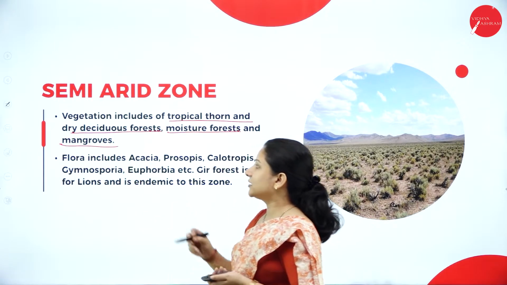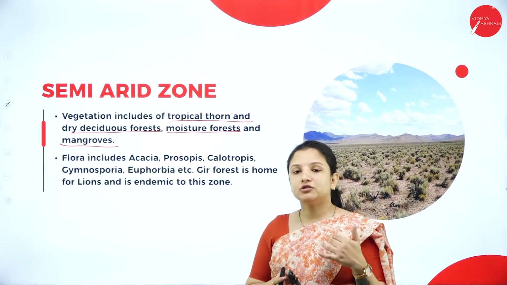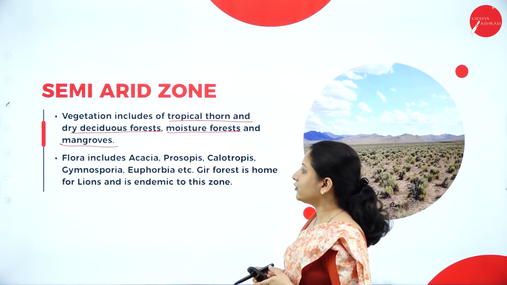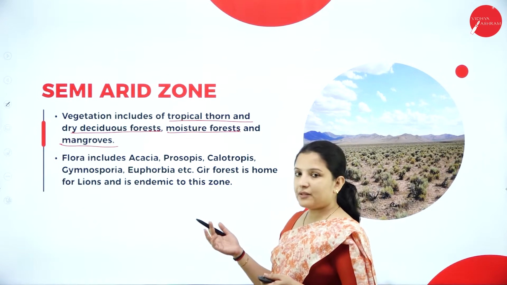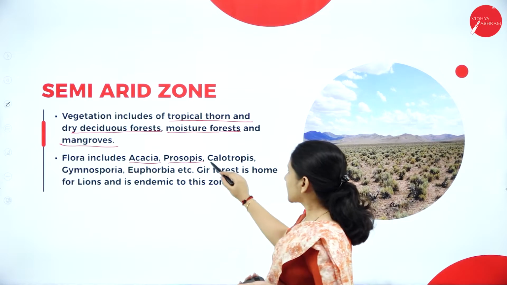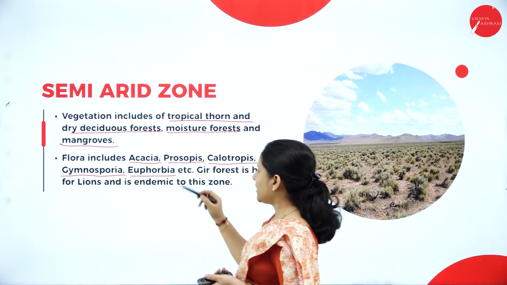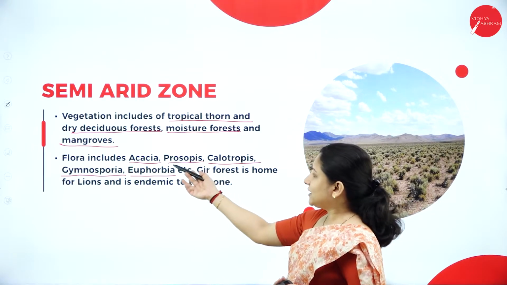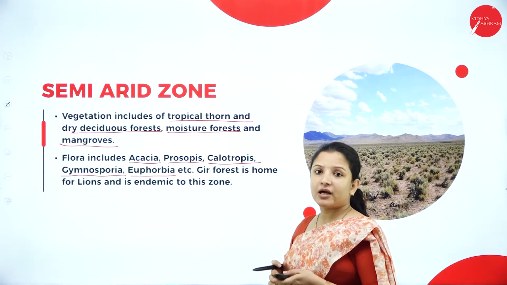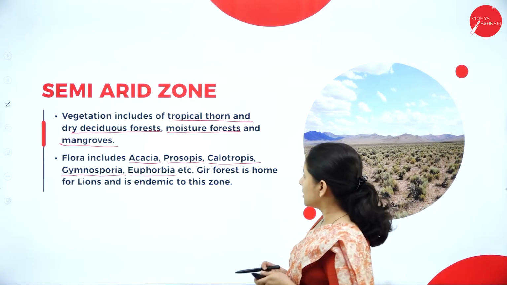Mangroves are those plants which grow in the backwaters of the seas and all that. The flora include acacia, prosopis, calotropis, then gymnosporia, euphorbia, etc. Because all these are plants which have adapted to survive in the semi-arid regions.